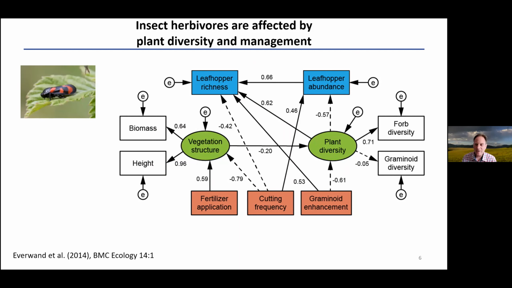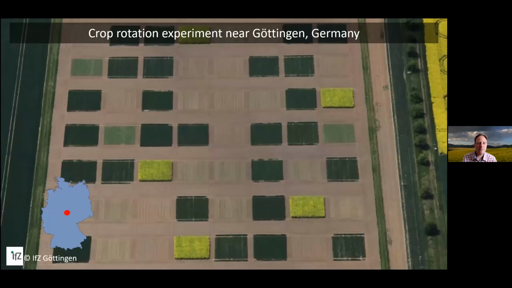Okay, the next experiment I'm going to show you is on arable farming systems. So that's the one we did together with the Institute of Sugar Beet Research in Göttingen, where a PhD student of mine has been working for several years. And the idea here is to have elements of a crop rotation laid out in the same year in space.